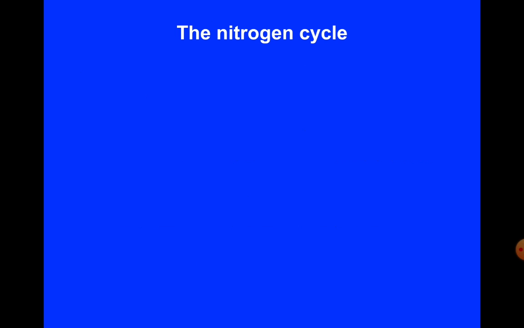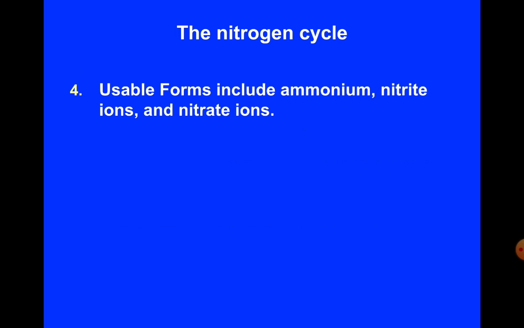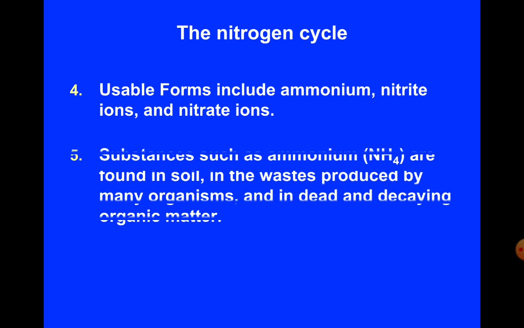So usable forms of nitrogen include ammonium, you might have heard of that, nitrite ions, nitrate ions. Substances such as ammonium are found in soil, in the waste products of many organisms, and in dead and decaying organic material.